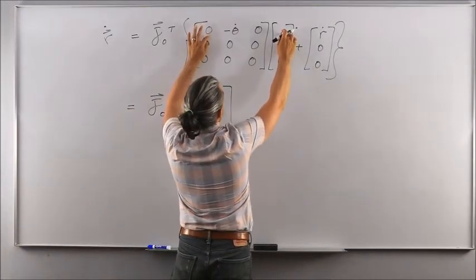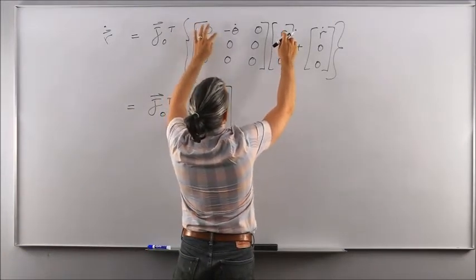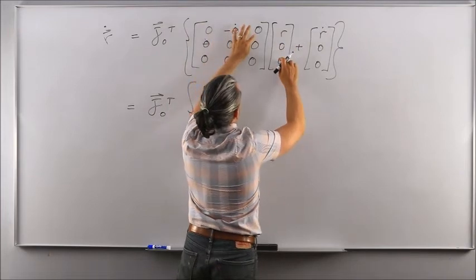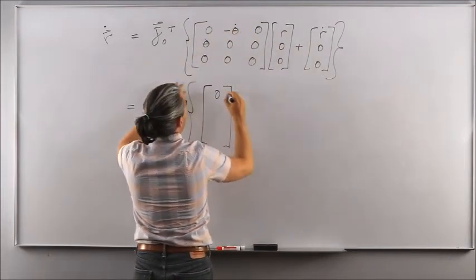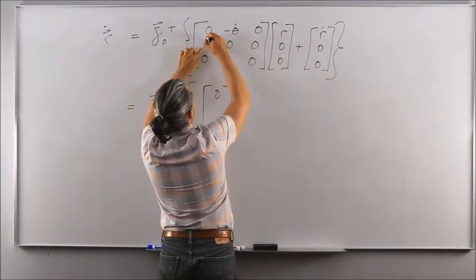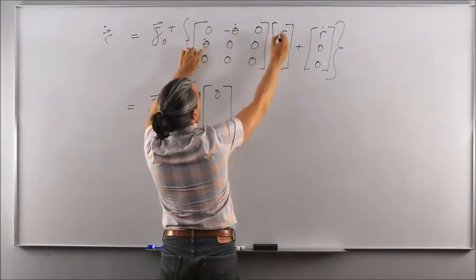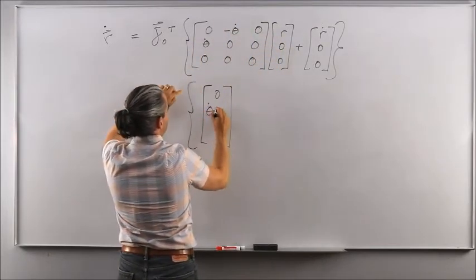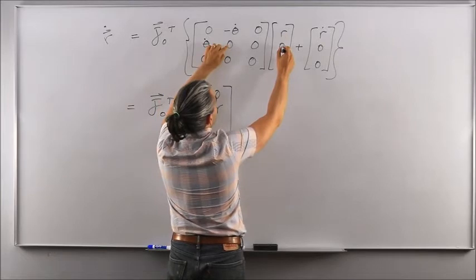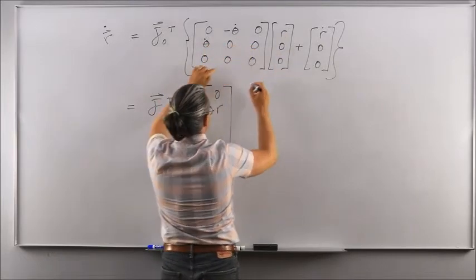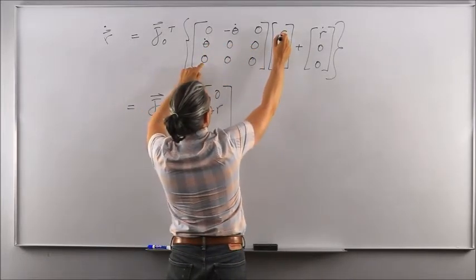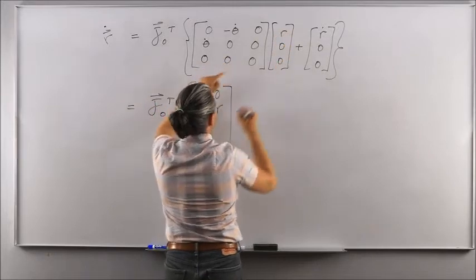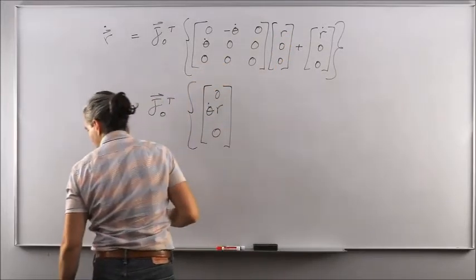This times this, so 0, this times 0 plus this times 0, so this is 0. Then here, we're going to do theta dot times r plus 0 times 0 plus 0 times 0. And here, 0 times r, 0 times 0, 0 times 0, so this is 0 again.